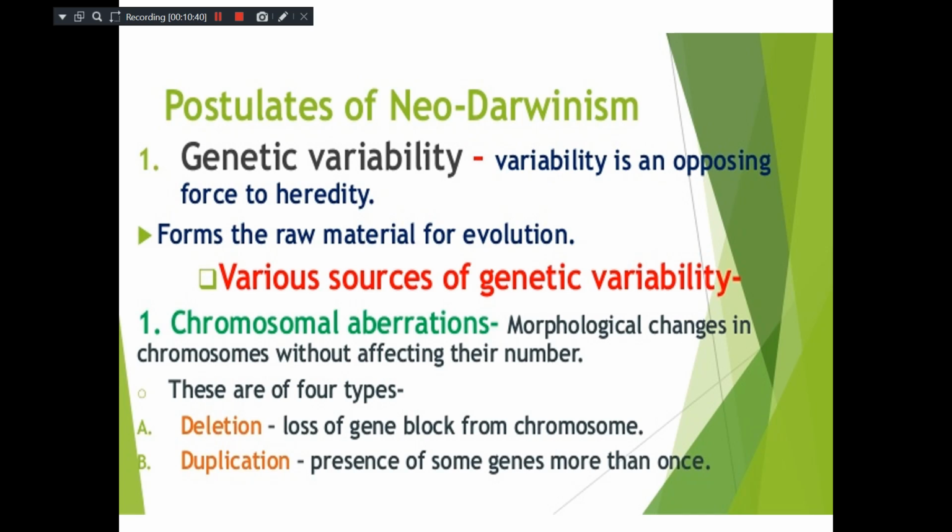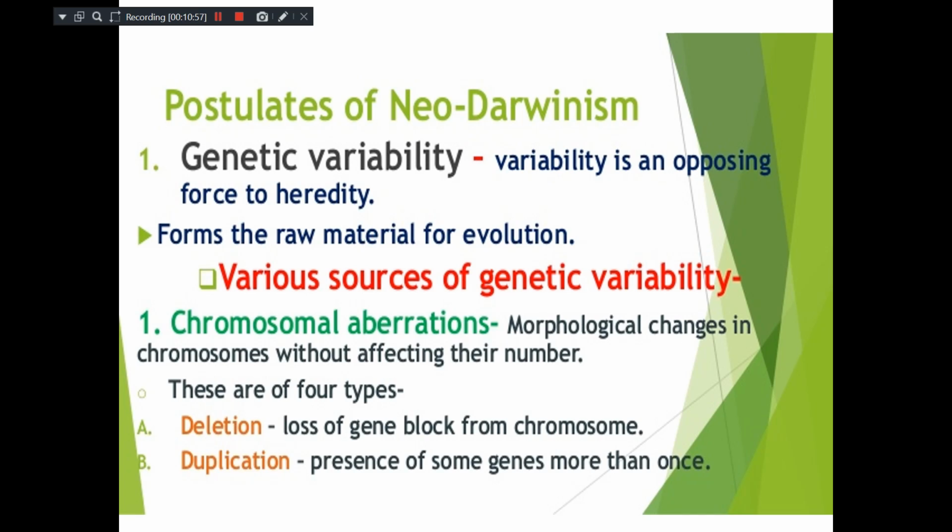Evolution can happen provided there is variability. That's why it is the raw material for evolution. Now the question is how this genetic variability is brought about.